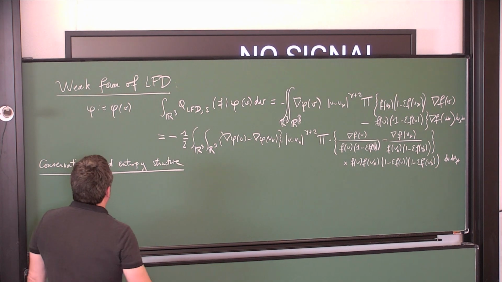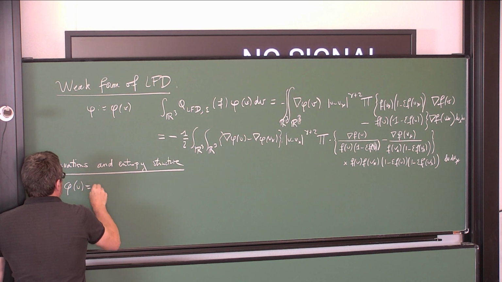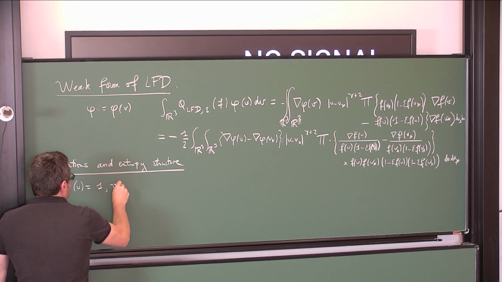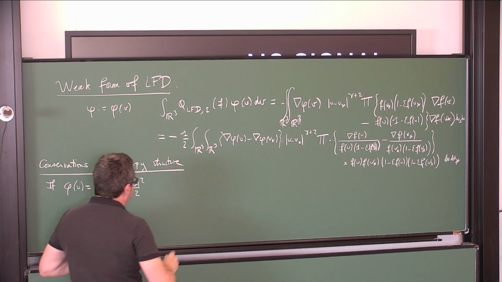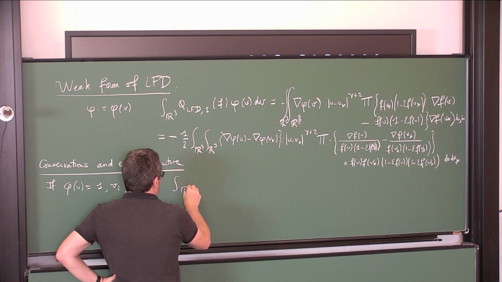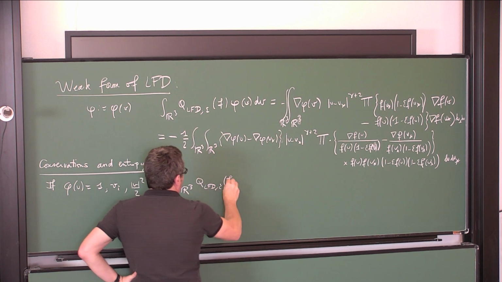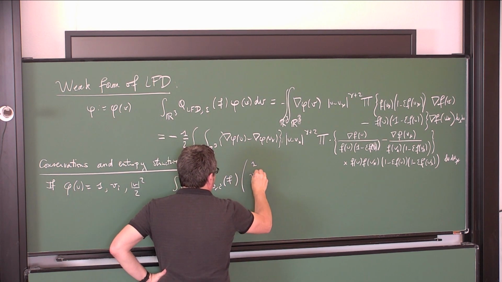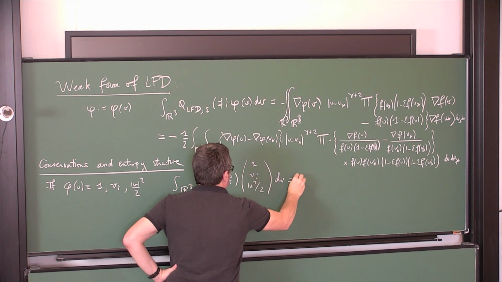Okay? So, if you take phi of v equal to 1, any component of v, and v square over 2, you get that this quantity, taken on 1, vi, or v square over 2, is equal to 0.